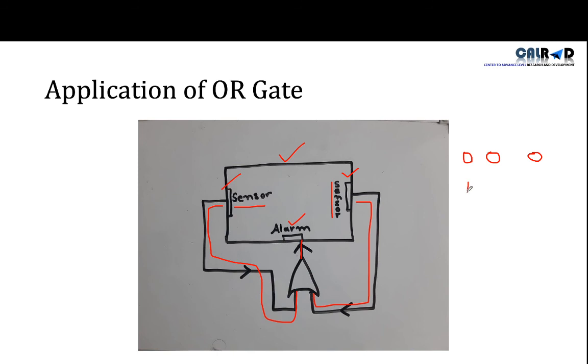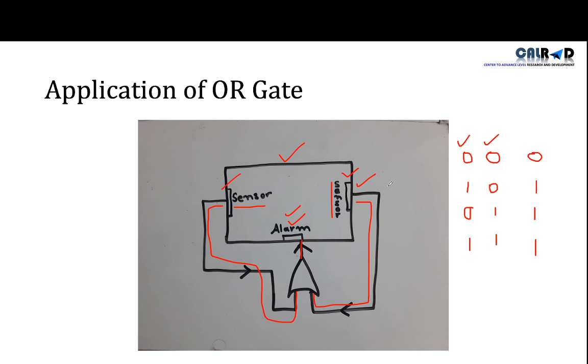But if even one input is 1, then the output will be 1. If both inputs are 1, output is 1. So this means if no one is there inside the room, then the data will be 0 0 and there will be no alarm.